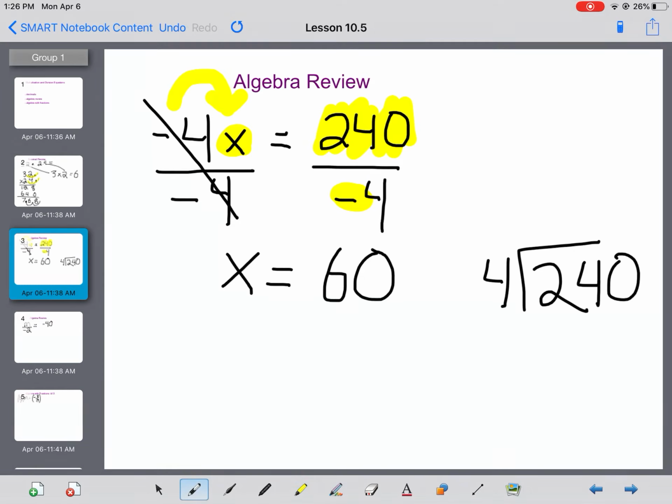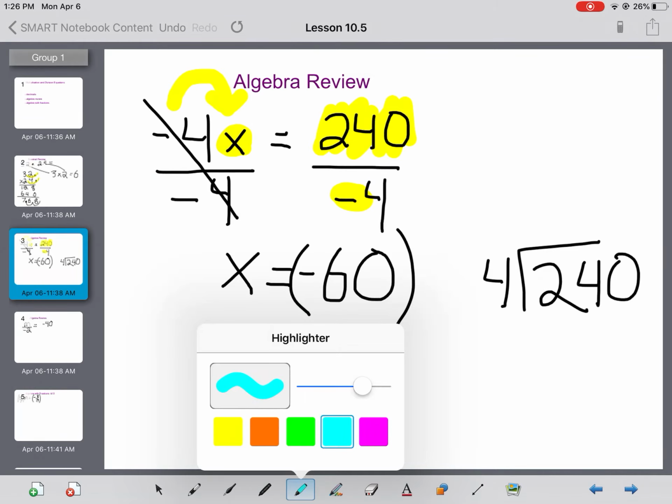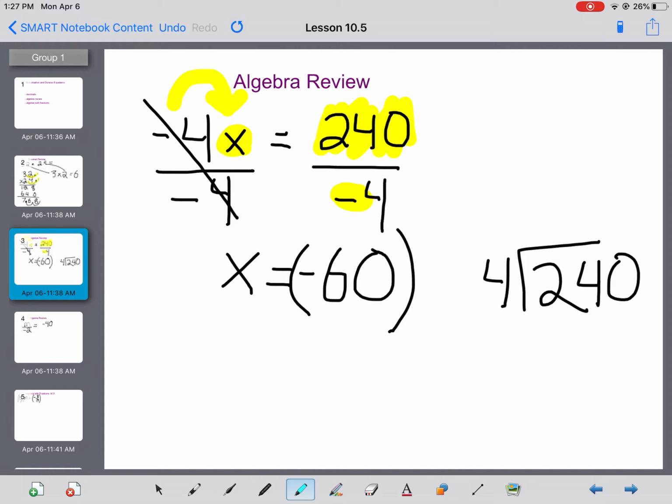A positive divided by a negative, it's opposite signs, so I end up with negative 60 as my answer. If you want to check mentally in your head, you can always go back to our original question over here. You can think, does it make sense for negative 4 times negative 60 to equal 240? That's how you can check.